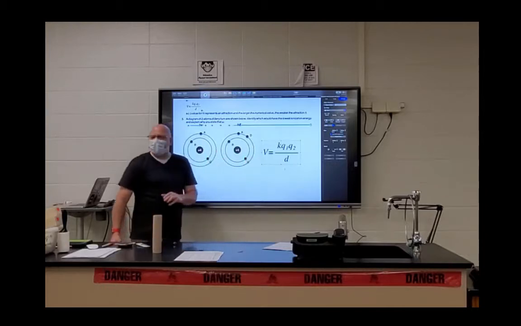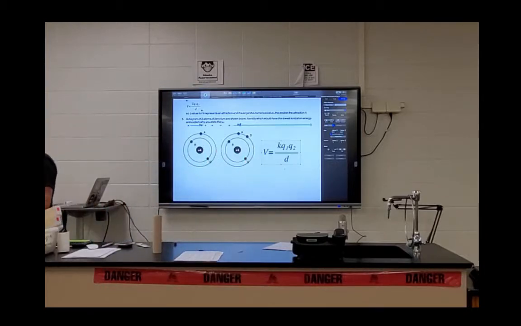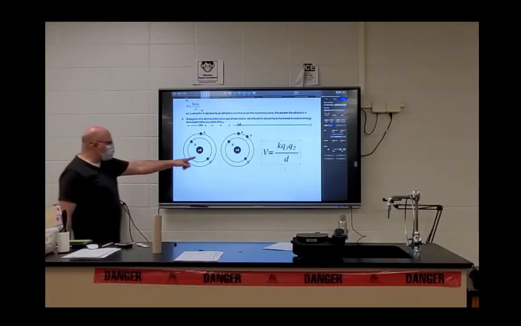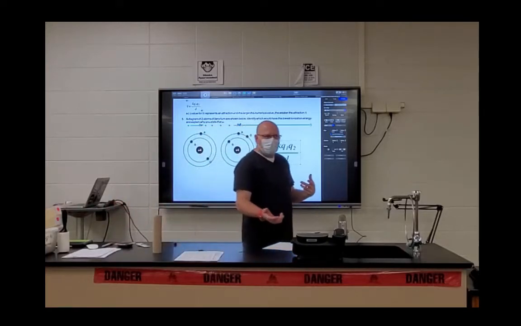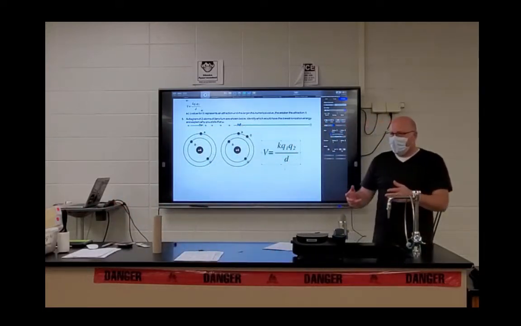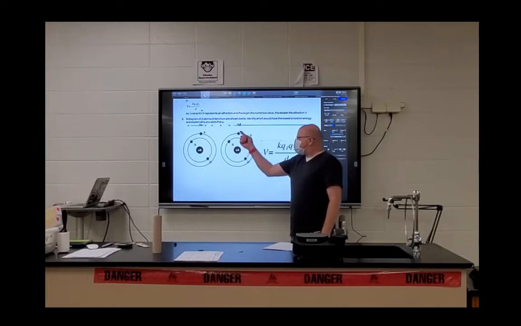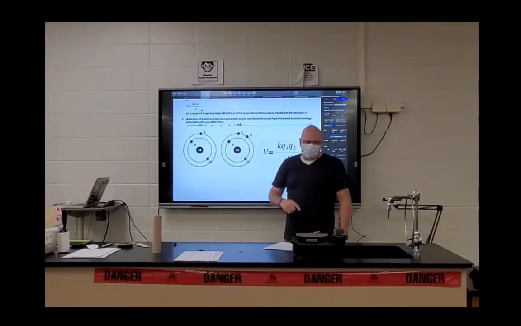Which electrons, plural, would be easiest to remove? A and D. And the attraction between the nucleus and A and D would be what? The same. So the attraction for the nucleus for A would be the same as the attraction for the nucleus of D.